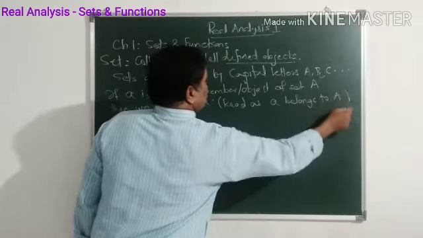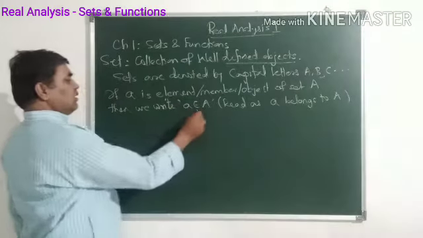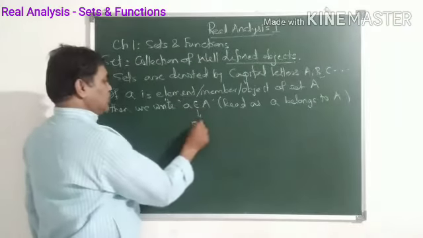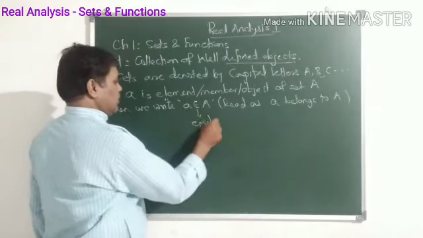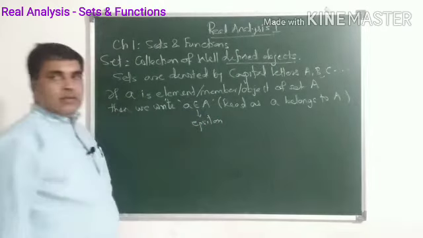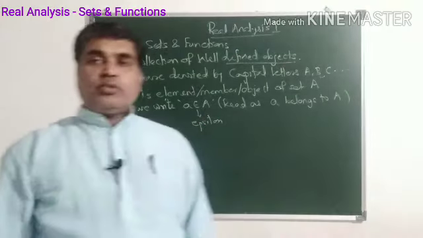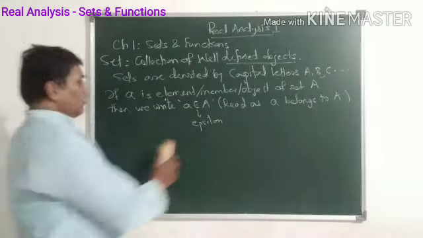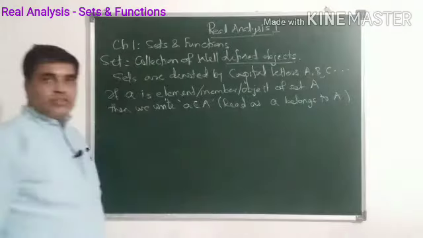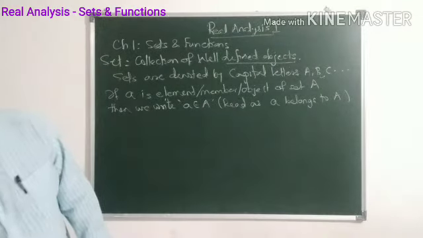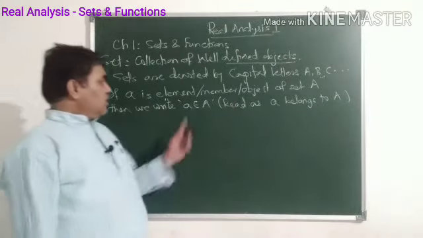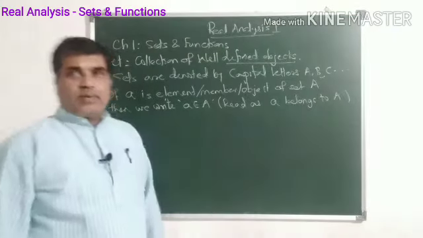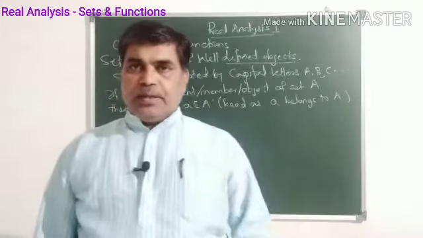This symbol is the Greek letter epsilon. It is used for 'belongs to' in set theory. While in the study of functions, limits and continuity, this epsilon is used for a very small real number.